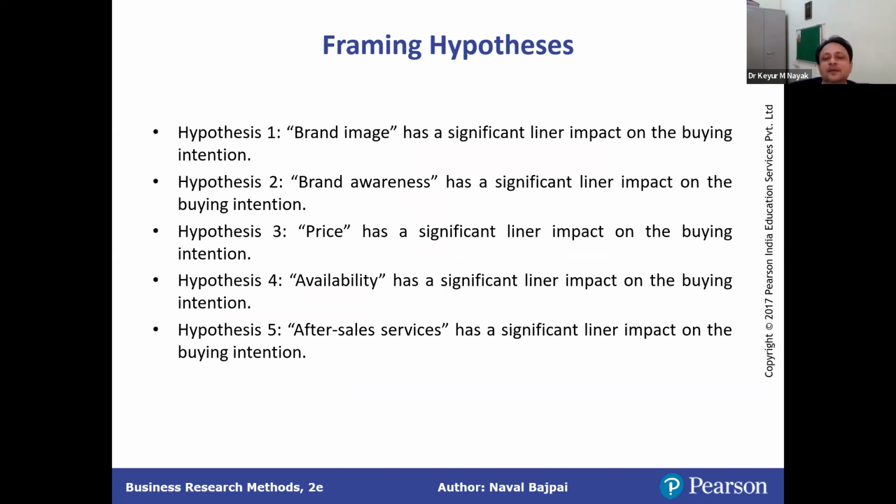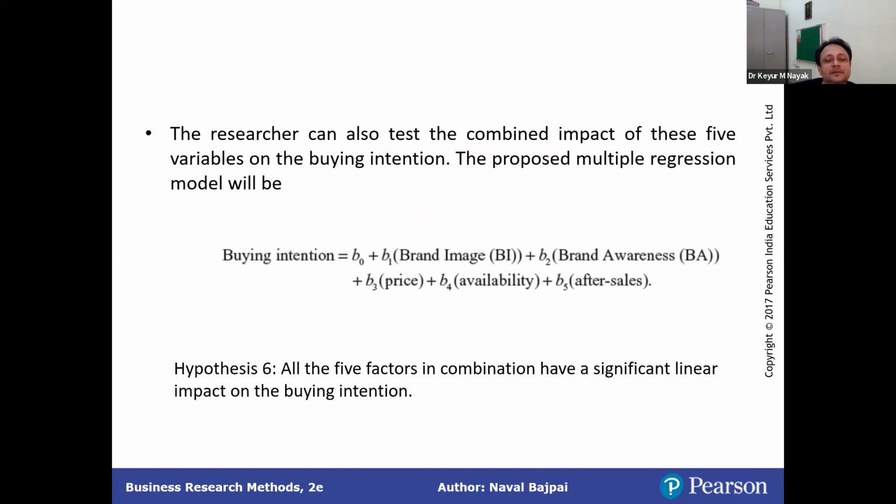Brand image has a significant linear impact on the buying intention. Brand awareness has a significant linear impact on the buying intention. Price has a significant linear impact. Availability has a significant linear impact. After sales service as well. And this is a statistical model. Now I'm asking you one question.